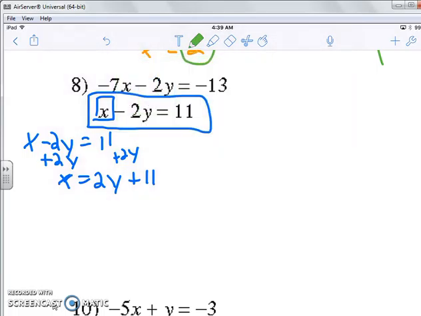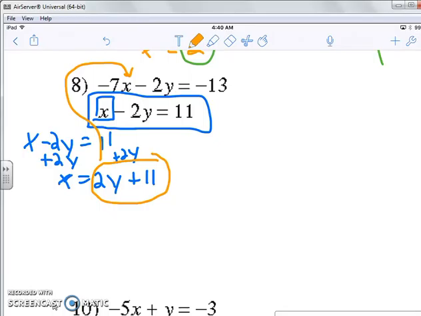So I'm going to take this 2y plus 11, and since x is that, I'm going to put it in this other equation for x. So I have to use the other equation, otherwise I get something that won't solve out.